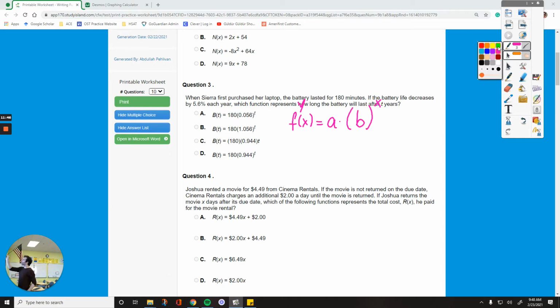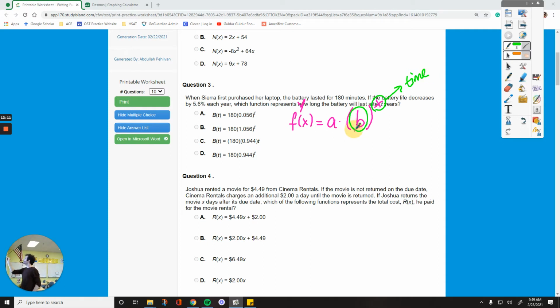So quickly going over what these represent. The x over here is the time, or you can turn it into t, that doesn't matter. Whatever you have variable wise in there, that's the time.